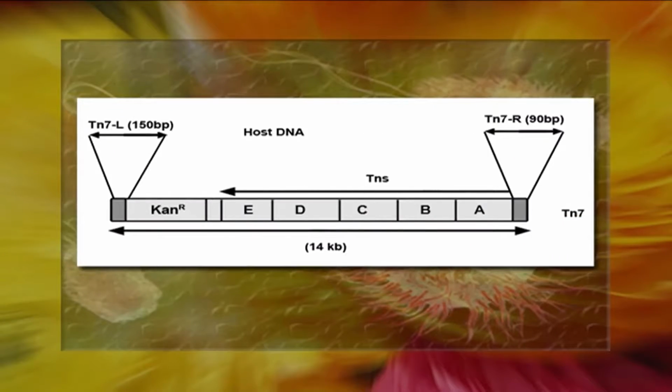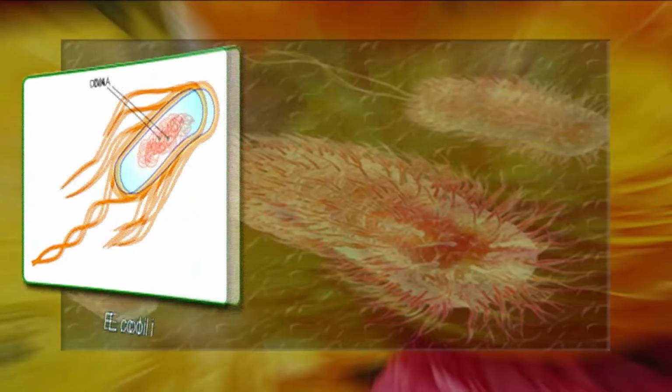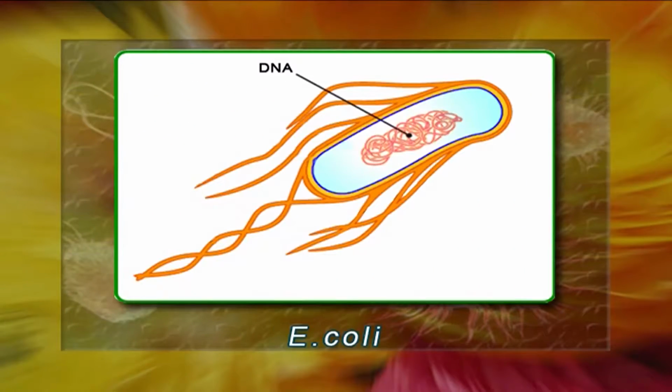One member of this class, Tn7, has such extreme specificity, that is, it has a single site of preference in the entire E. coli chromosome. It has now been shown that the region conferring this specificity is not the site of insertion but is apparently nearby.